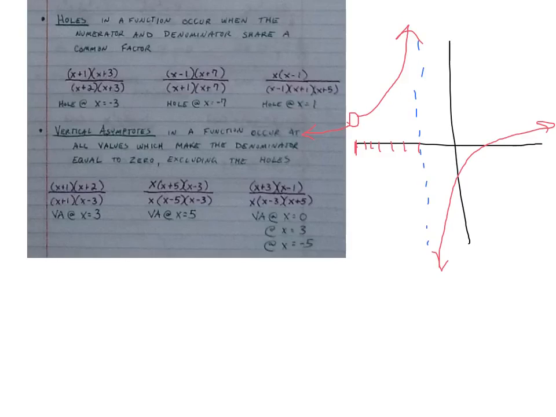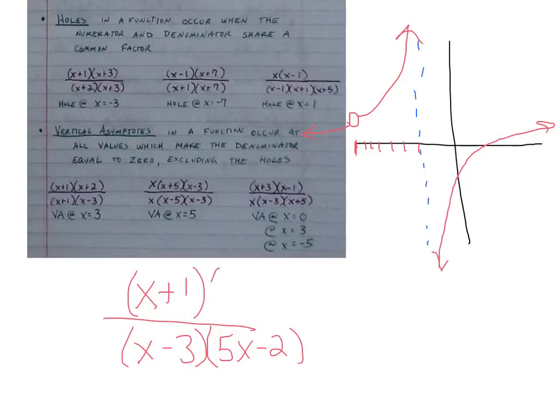And finally, for the last one, we see that x minus 1 occurs in the numerator and the denominator, so the hole occurs at x equals 1. If I wanted a hole at, well, we'll say 2/5, maybe the best way to think of that is I might have x plus 1, x minus 3, and then because I want a hole at 2/5, I would have 5x minus 2 in the top and the bottom.